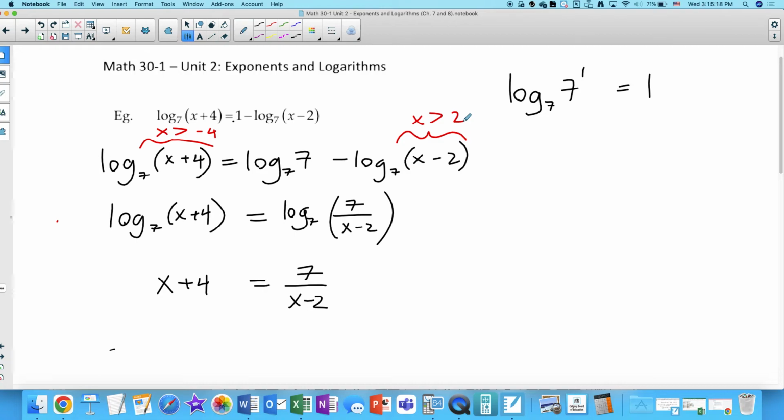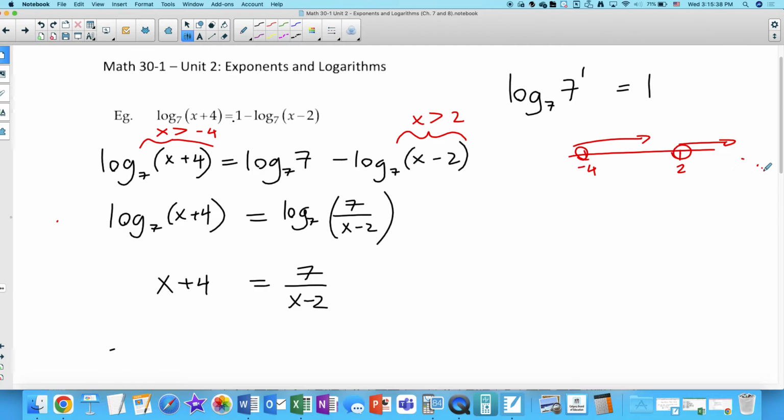The one that's more restrictive is the one that covers less of the number line. So this is a smaller domain, and you have to go with the smaller of the two. Okay, so let's keep that in mind.